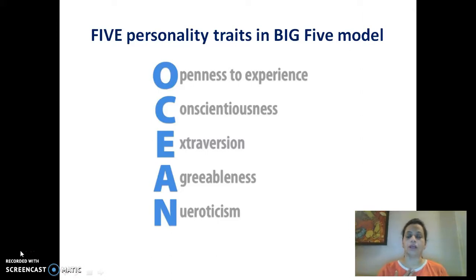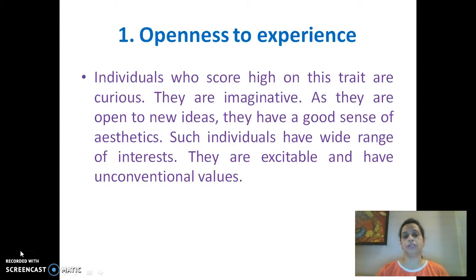I think OCEAN is easier to remember. O stands for openness to experience, C stands for conscientiousness, E stands for extroversion, A stands for agreeableness, and N stands for neuroticism. So the first one is openness to experience.